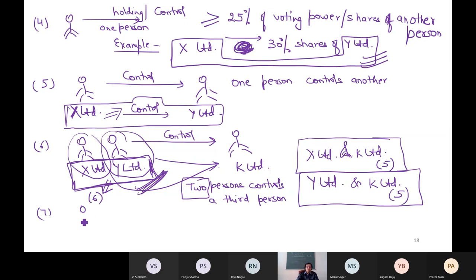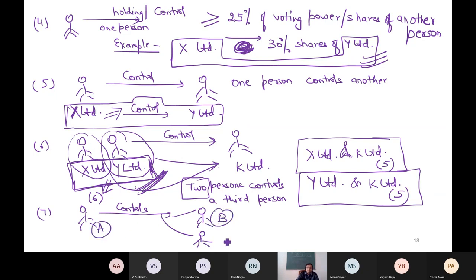And now the 7th is the reverse of the 6th, where one person controls these two. In the 6th example, two persons control one person. Now in the 7th example, these two are being controlled by a third person. Still, it makes these two related.